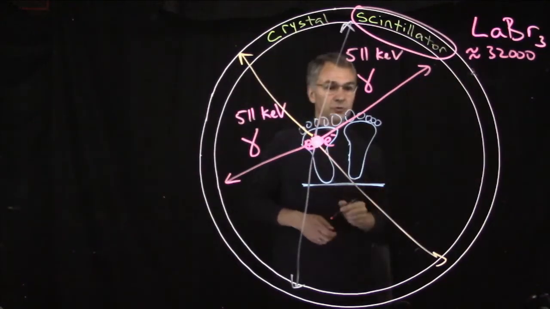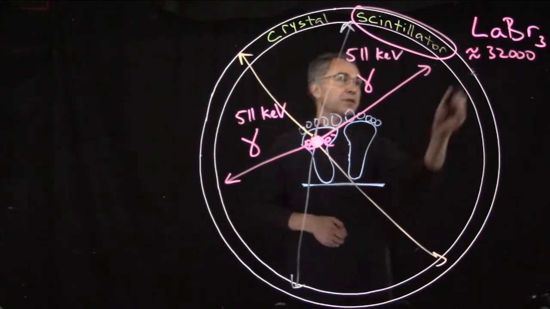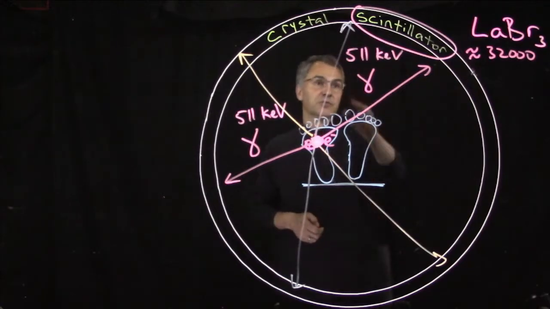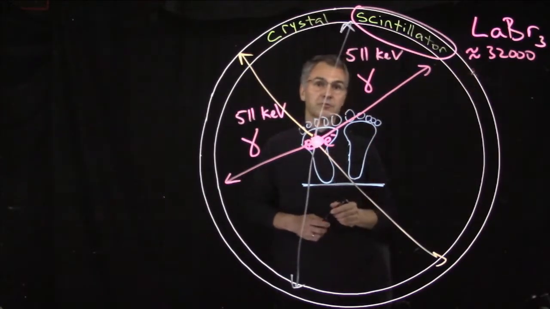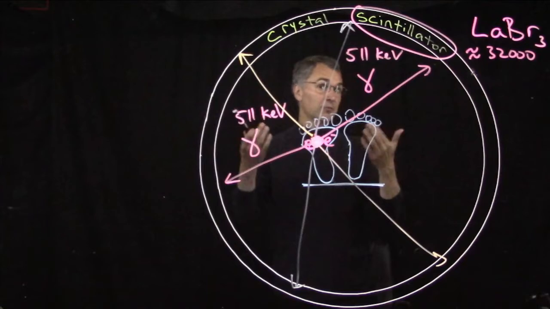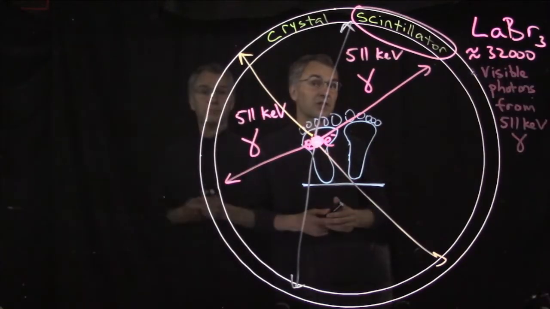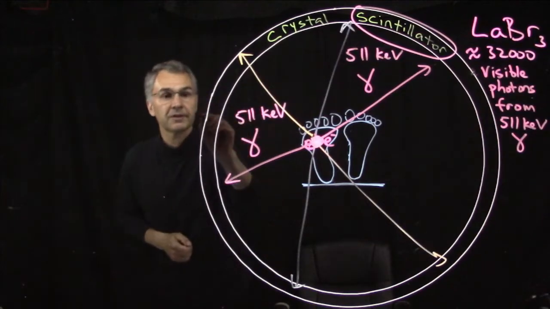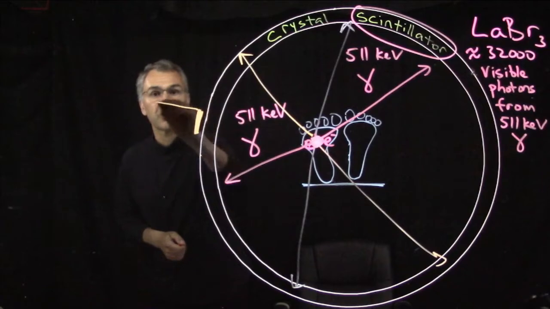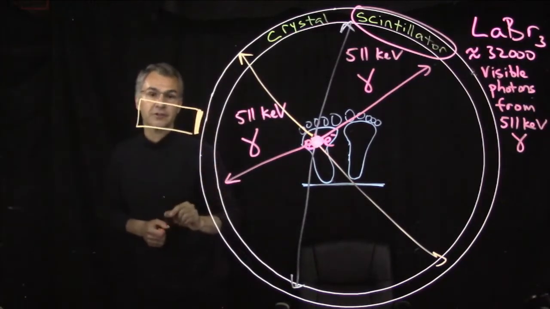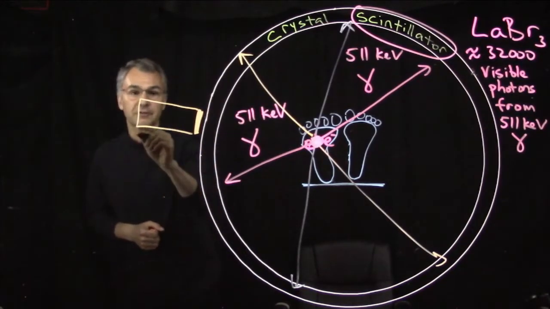So that if you do the math, it turns out that it converts something like a quarter of the energy of this X-ray photon into useful visible photons that we can then subsequently hope to turn into information on a computer hard drive. So what is the next step? Behind this scintillator is an ingenious device called a photomultiplier tube, whose job is to turn visible photons into a pulse of electric current.